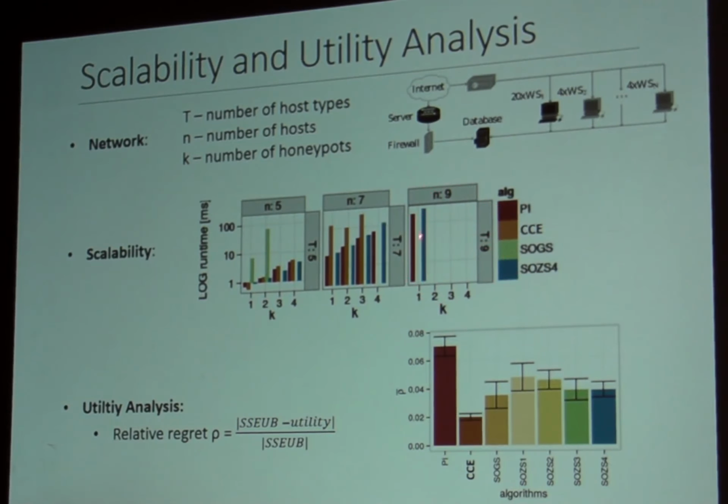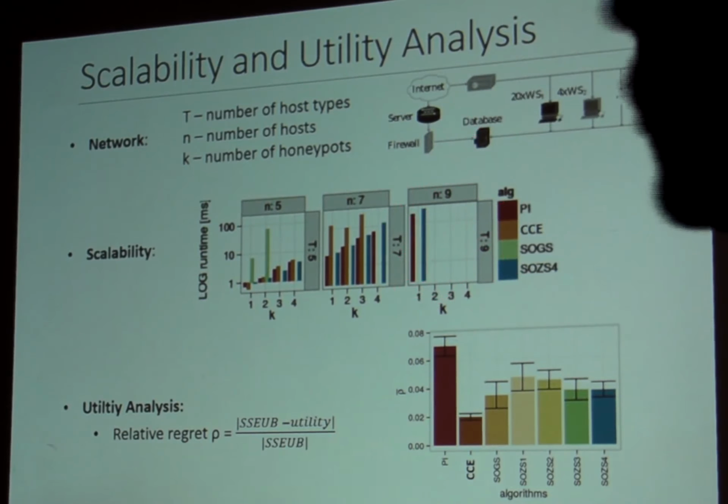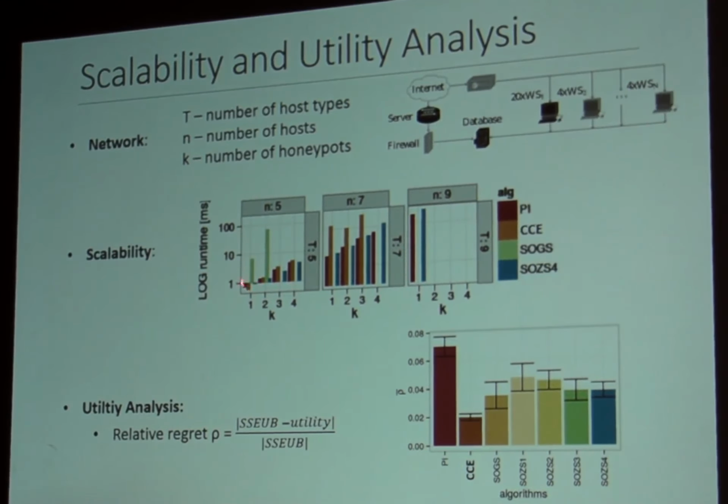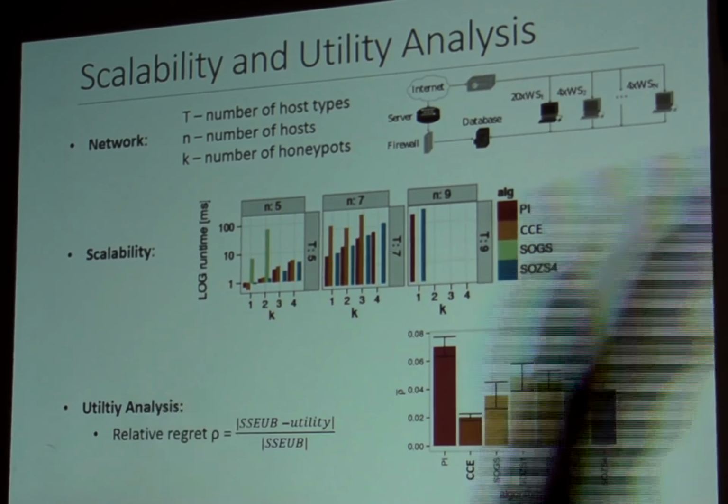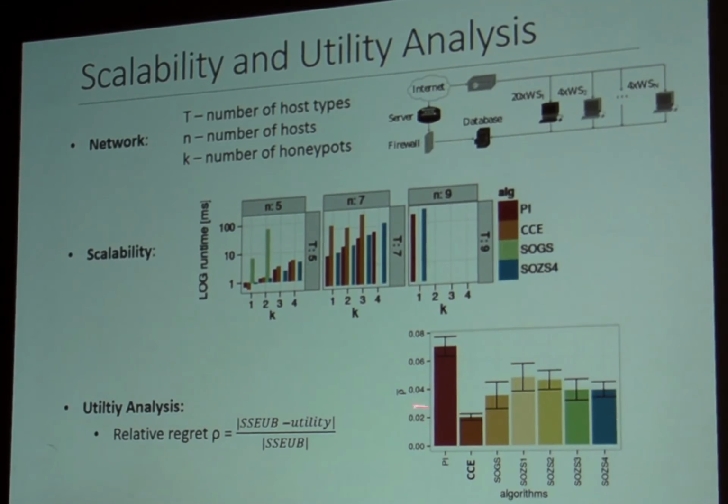Only the perfect information and zero-sum game approximations could solve this. The others got stuck here, for example. The green one stuck here. The commitment to correlated equilibrium stuck here. It couldn't scale further.